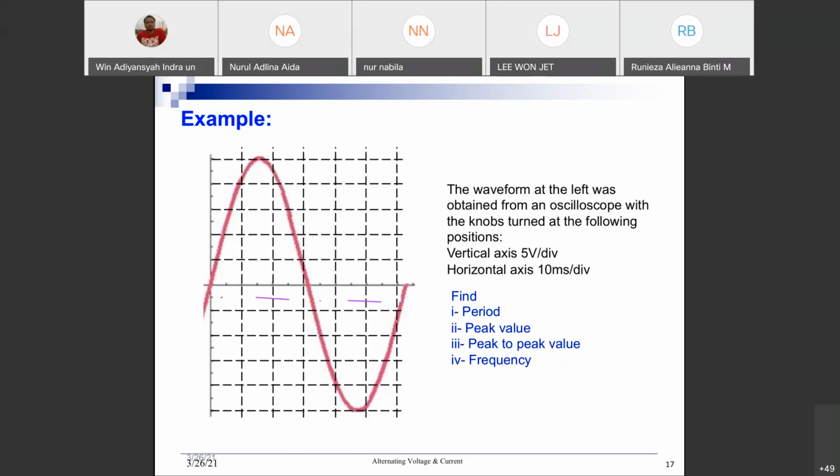6 times 10. Peak value: 1, 2, 3, 4, 5. So 5 divisions times 5, so 25 volt. Correct.